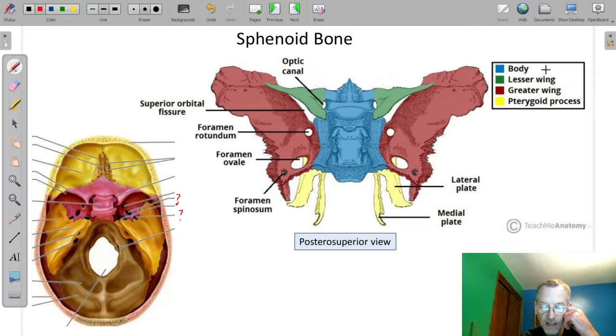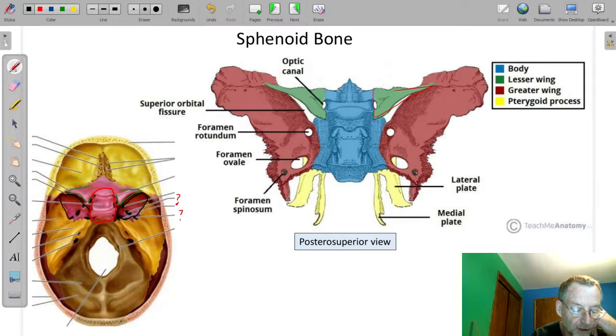So you have the body in blue, the central part, and the figure on the right, more or less this area, would make up the body. And then in green we have the lesser wings of the sphenoid, so they would be kind of over here. And then we have the greater wings of the sphenoid in brown, which would be for this area.